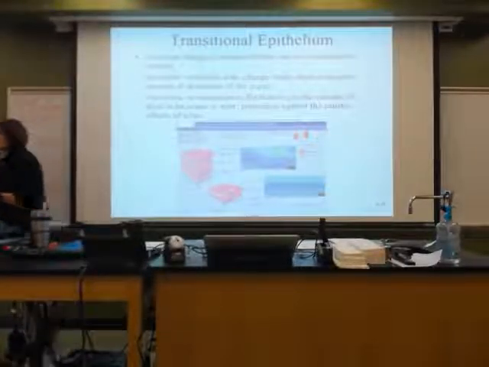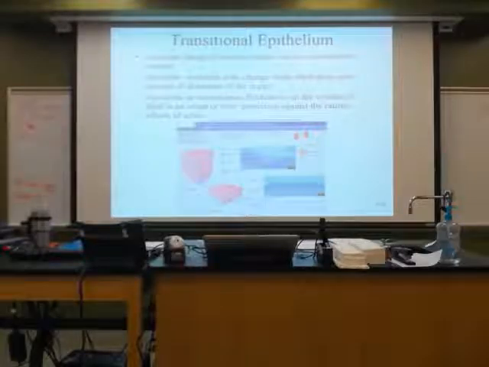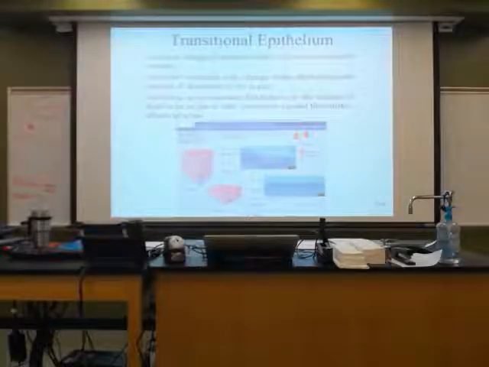That transitional epithelium, the one that I mentioned, that's in the bladder, this is the only place you're going to find it. You're only going to find it in our urinary system, because it's going to be the bladder, a little bit of the ureters, and a little bit of the urethra, and that's it. The structure is more than one layer of the cells, but they change shape.